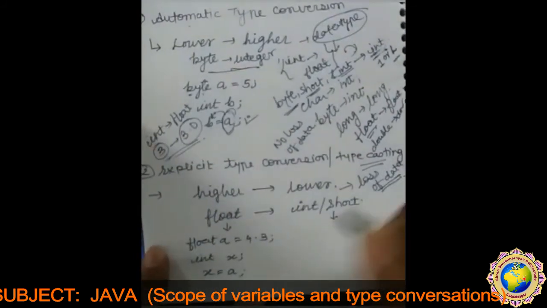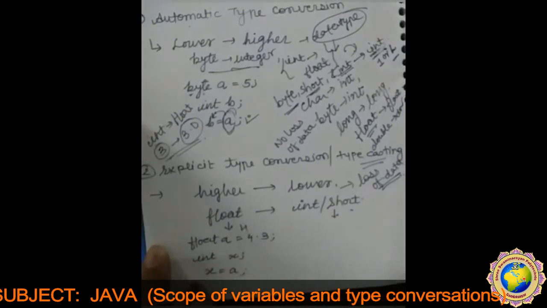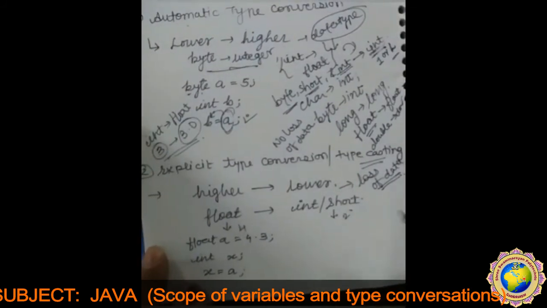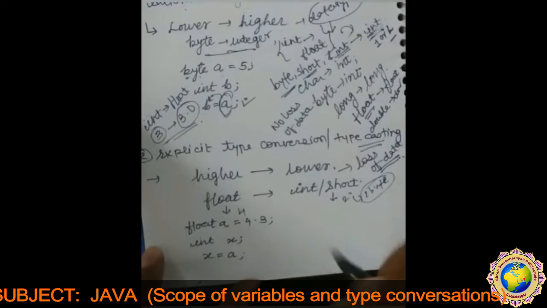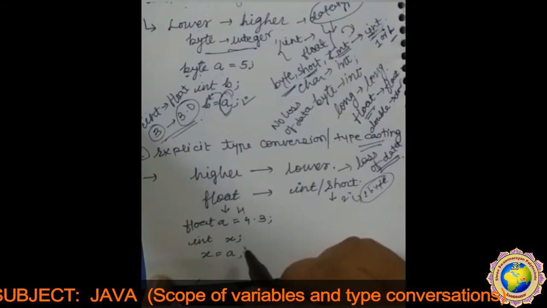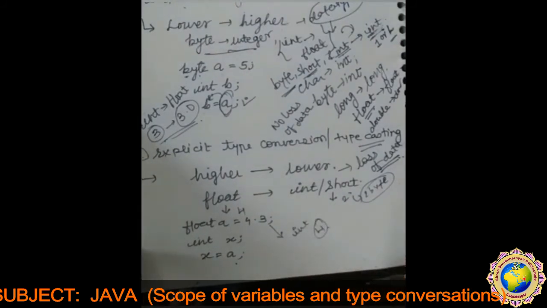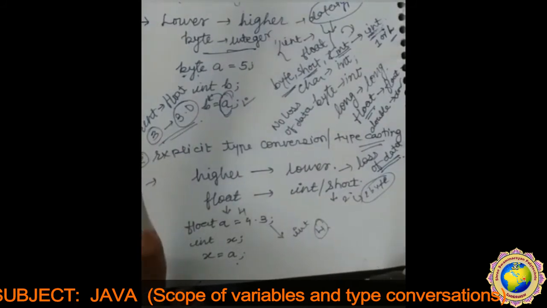For example, converting float to short: float occupies 4 bytes and short occupies 2 bytes, so a 2 byte loss is possible. For example, float a equal to 4.3, integer x and x equal to a. It is converted into integer, so it may become 4, and there will be a loss of data.